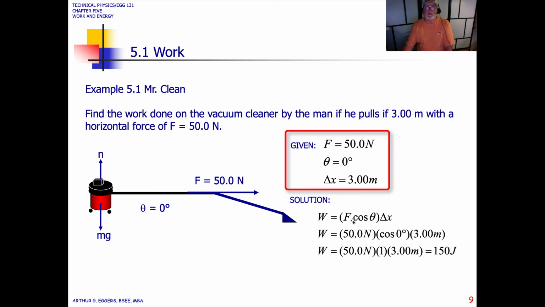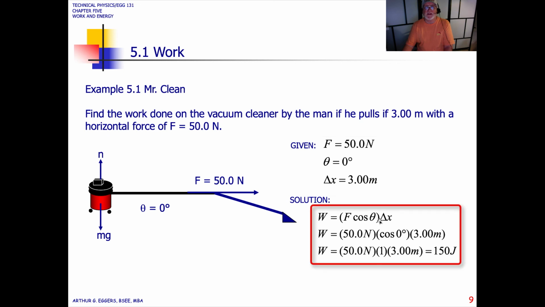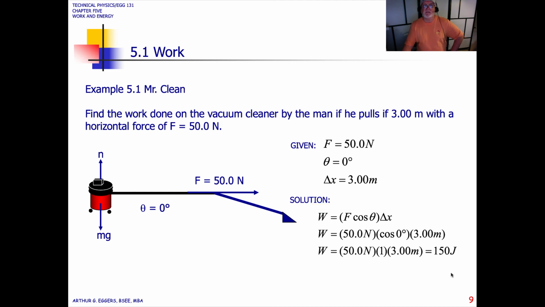We run it through the same relationship, force cosine theta times delta x, 50 newtons times cosine now of 0 degrees, 3 meters. You might want to write these down instead of plugging them into your calculator every time. Cosine theta is 1. So we have 50 newtons times 1 times the distance, 3 meters, and we get 150 joules.